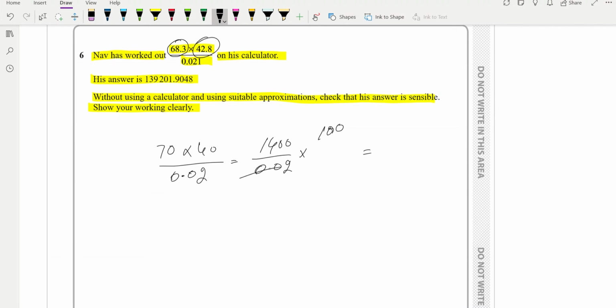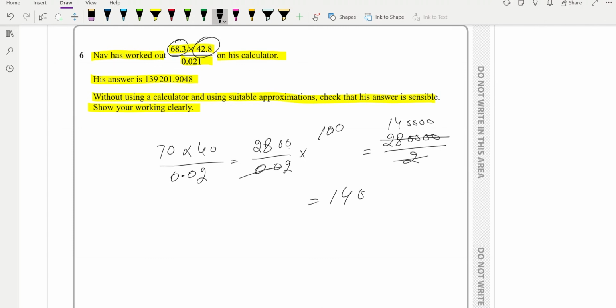Now we can rewrite it as 4, 7 4s are 28, so it will be 280000 divided by 2, and we can cancel this one, 1 4 and this one.